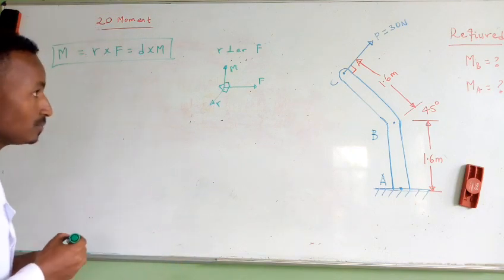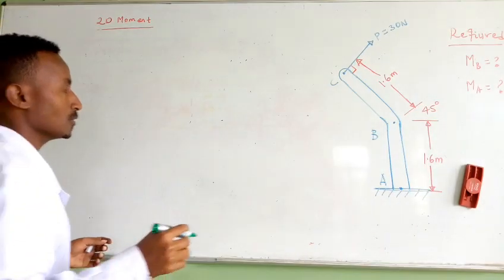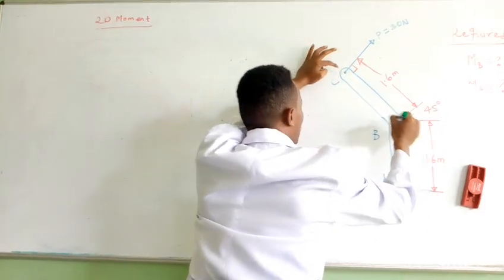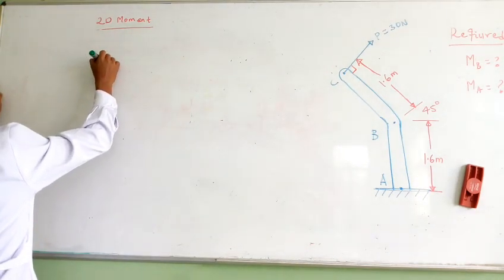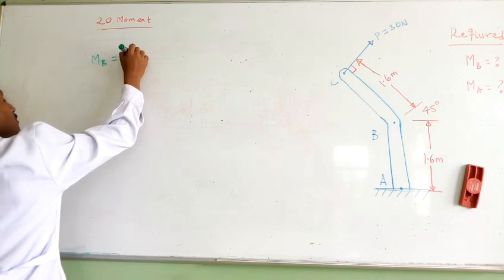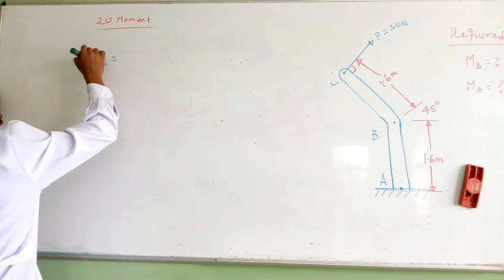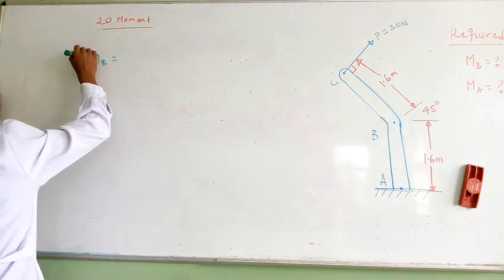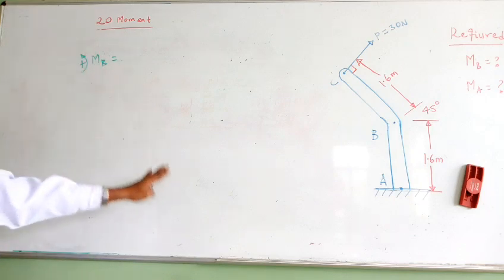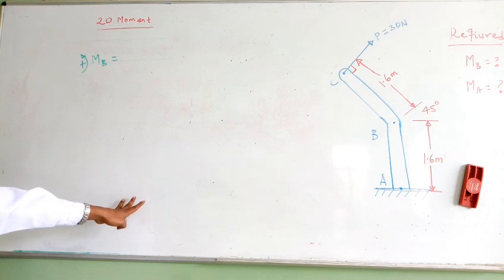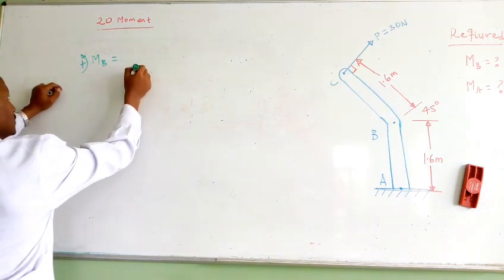Okay, so for this moment solution, when we calculate the moment at point B, let me assign the direction of moment towards counterclockwise as positive, as we have seen before.